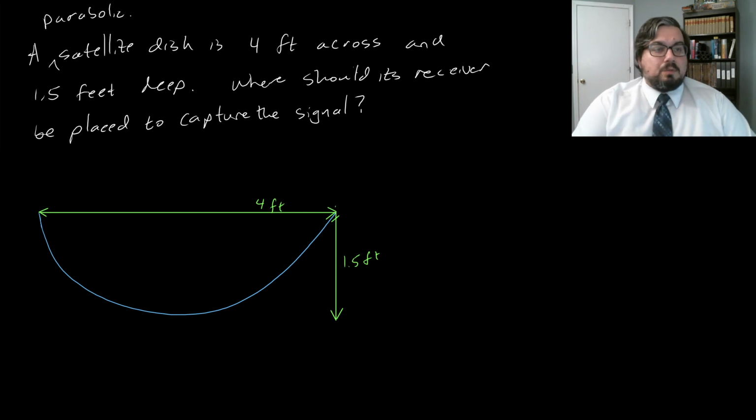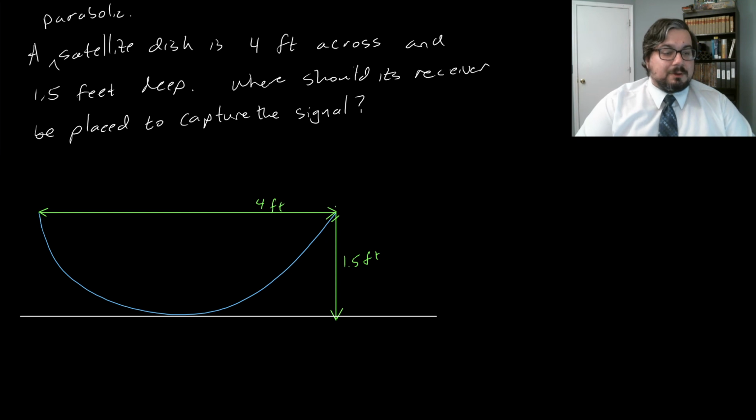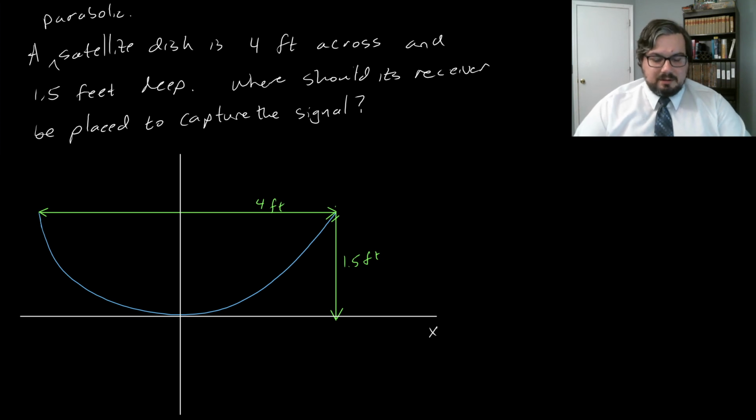Now, what we want to do is to set up a coordinate system to help us out with this. And it's always easiest to set up your coordinate system with the vertex of your parabola at the origin, if possible. So let's set up a coordinate system here, x and y.